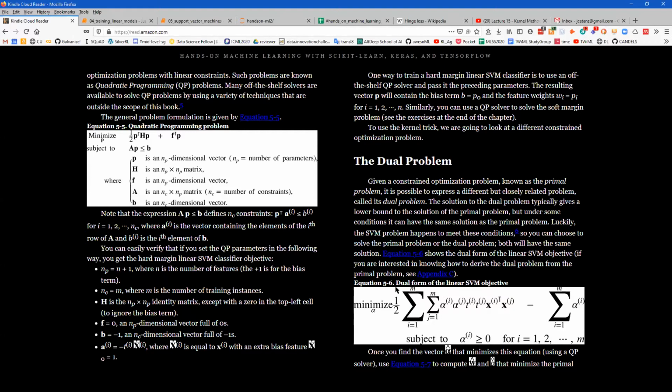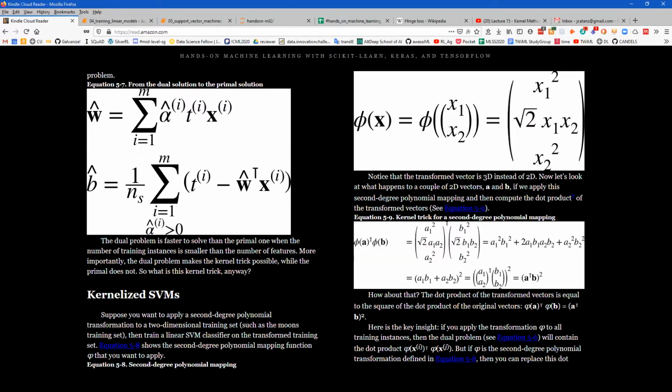And how does that work? Well, the next thing he shows you, let's suppose we define some kind of a quadratic mapping. We start out with two-dimensional data, and we map it into a quadratic function, and now we have 3 dimensions of data. We have one for the x1 squared term, one dimension for the x2 squared term, and one dimension for the combination of the x1 and x2 terms.